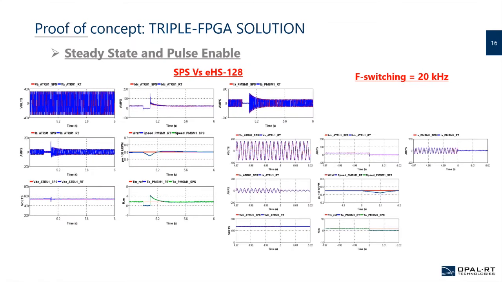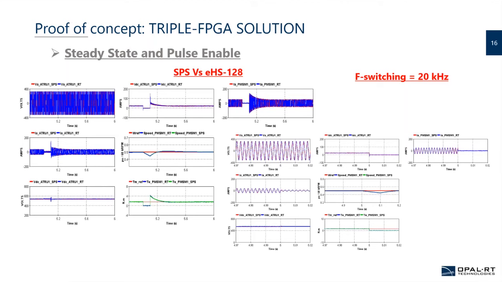So we performed also several tests to validate the platform with 3 FPGA boards interconnected together, running the complete B787 power system. We started with steady state and pulse enable disable tests, always compared to SPS offline, and we were getting really impressive results, less than 1% of error everywhere.